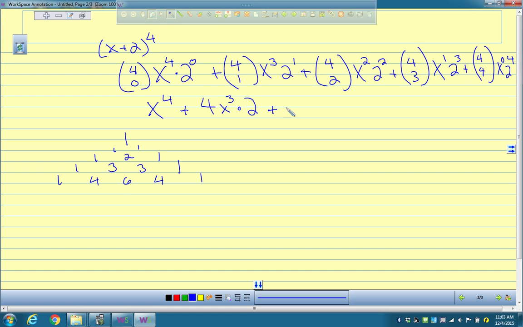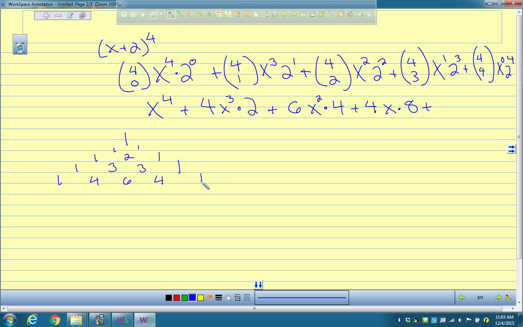The next coefficient is 6. This is 6 x squared times what's 2 to the second? 4. Plus the next, 4 combination 3 is the same as 4 combination 1, which is 4. X to the 1, 2 to the third, which is 8.